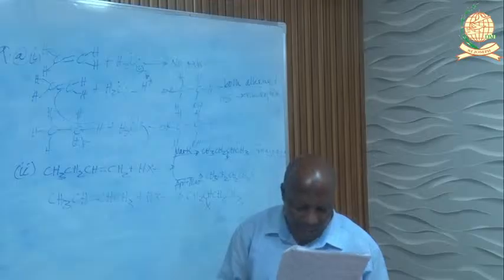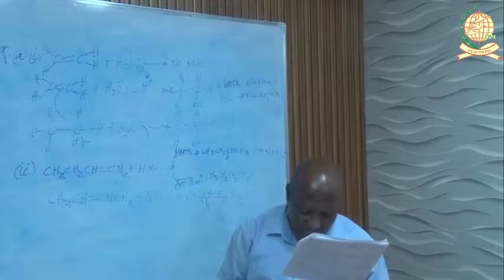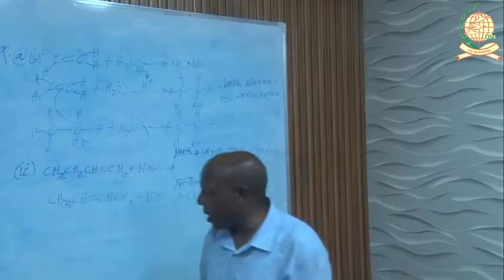Roman 3. The reaction between bromine water and alkene gives a vicinal dibromoalkane as a minor product, and the bromoalkanol as a major product.